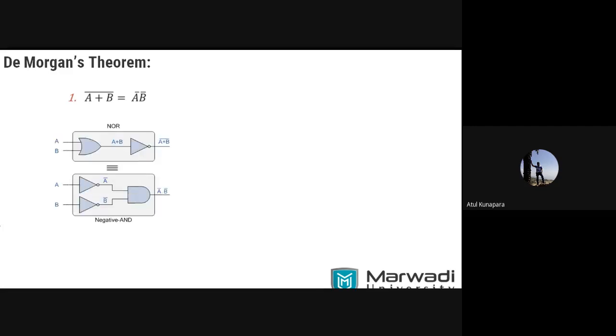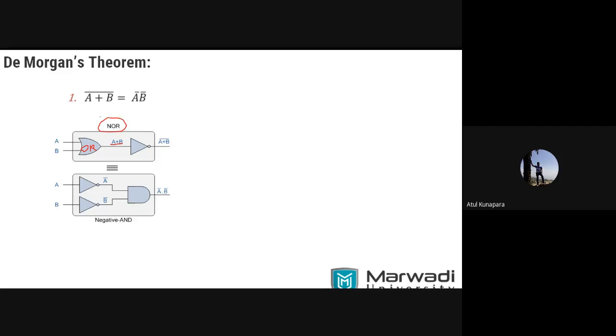So if we want to see it in the form of a logic diagram, you can see that if you perform the inversion of the output of the OR gate, here it is the OR gate, right? So here the output is the OR operation of A and B, and that goes to a NOT gate, so it will make your NOR operation. That's what I'm saying.